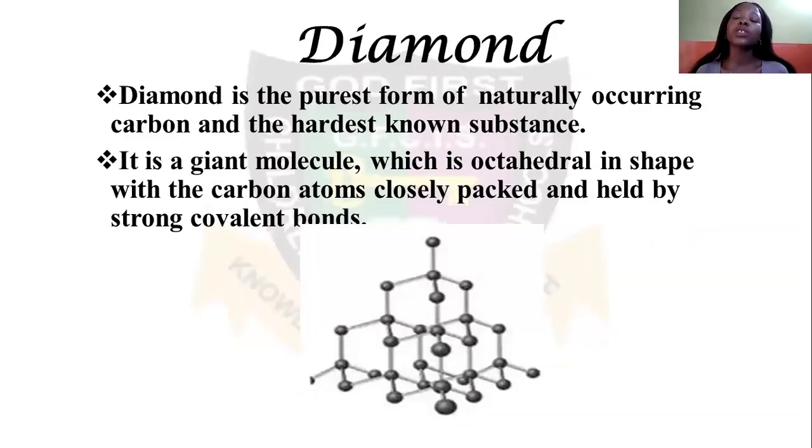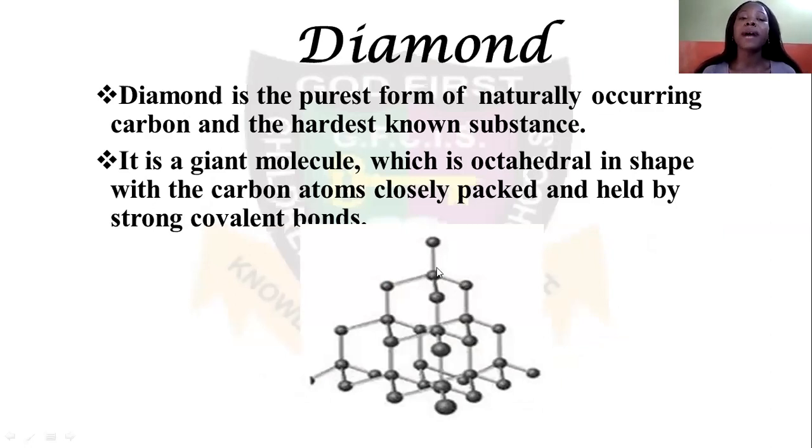So next, let's look at each of them one by one. Diamond. Now, diamond is the purest form of naturally occurring carbon and is the hardest substance known. Now, diamond is octahedral in shape. If you look at this image, you see each of these represents a carbon atom.